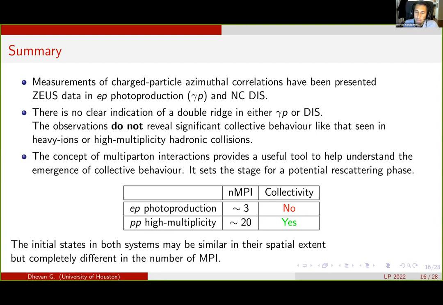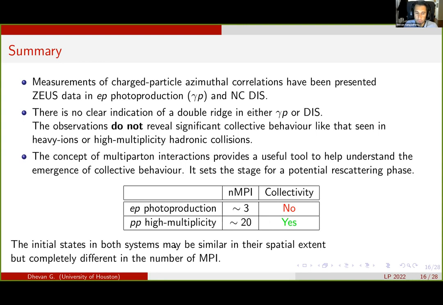And then the number of MPI as extracted from Pythia, compared to our data, we get a number of roughly 3. But the same kind of analysis in LHC pp yields much higher MPI, on the order of 20. So that can help understand why we don't necessarily see it with ZEUS data, but you do see it with LHC data.